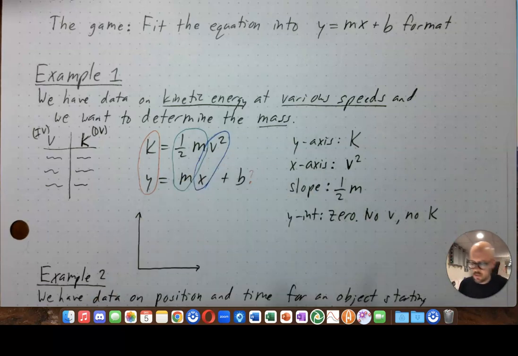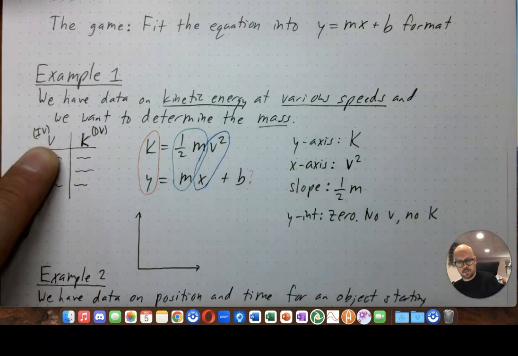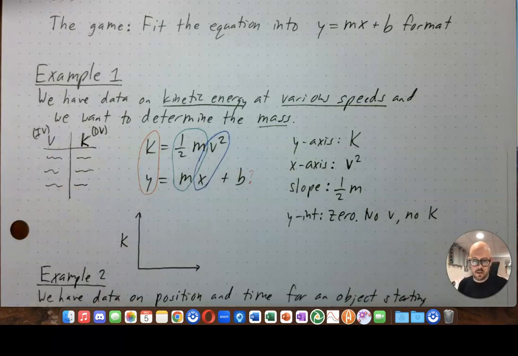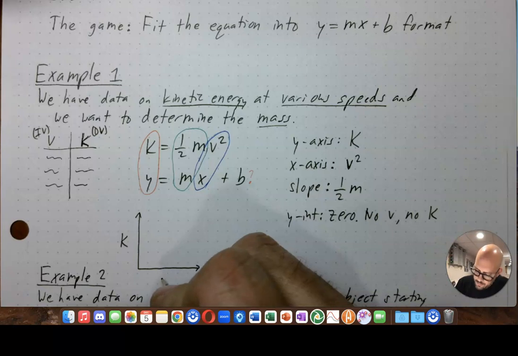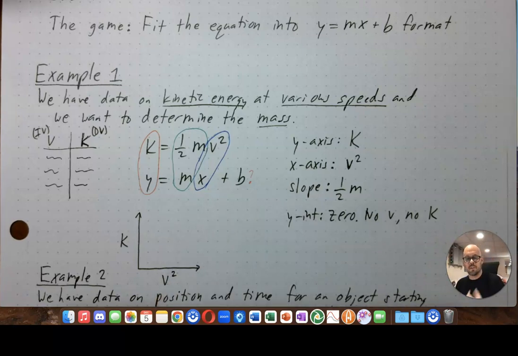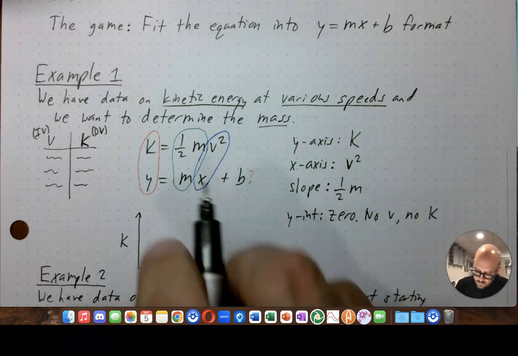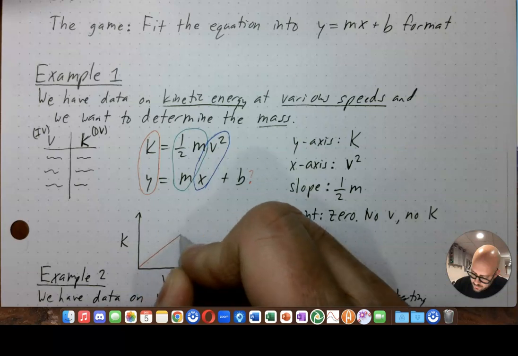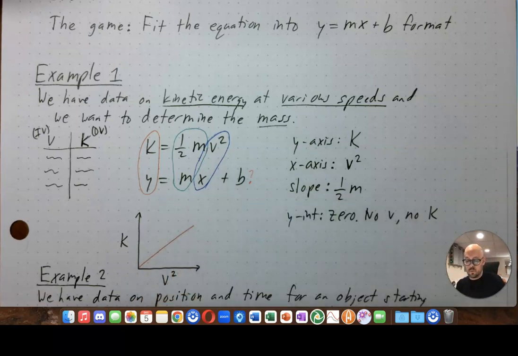All right, so we're not doing this in practice, but if I then made a graph, I would have to do some calculation, right? If I had data on speed and kinetic energy, I would just graph the kinetic energy data on the y-axis, but I would have to square all of my speed values and then graph that. They would then arrange themselves linearly because of the relationship that we know between kinetic energy and speed.